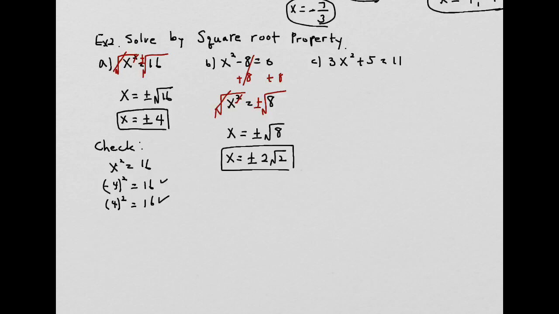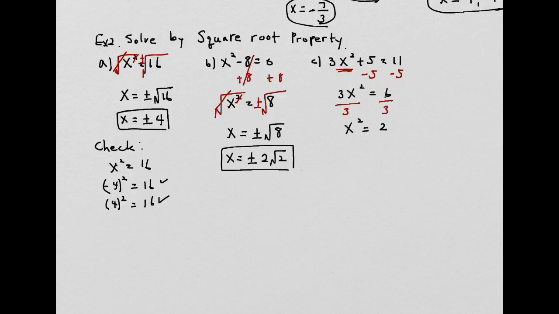When we're looking at C, we do the same thing. We need to remember to isolate x squared on one side and move everything else to the other side, right? So first we subtract 5, then you get 3x squared equals 6, and then you divide both sides by 3, and you get x squared equals 2.